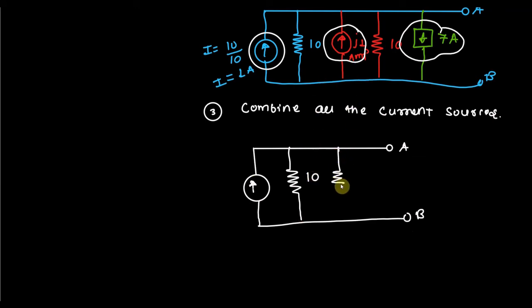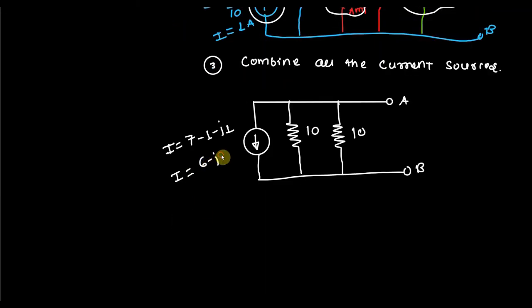Another resistance we have whose value is also 10. So what is the total I? The current is 7 ampere, so I will take the direction of that one. 7 ampere. Okay. So what will be the answer? 7, and these two are in the opposite direction. So 7 minus 1 minus J1. So the current value is 6 minus J1 ampere.